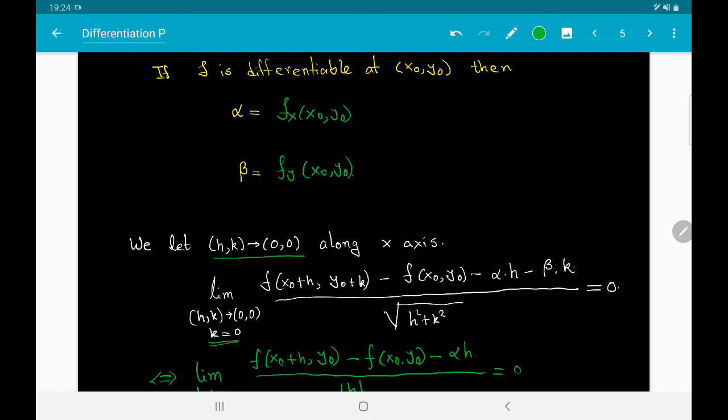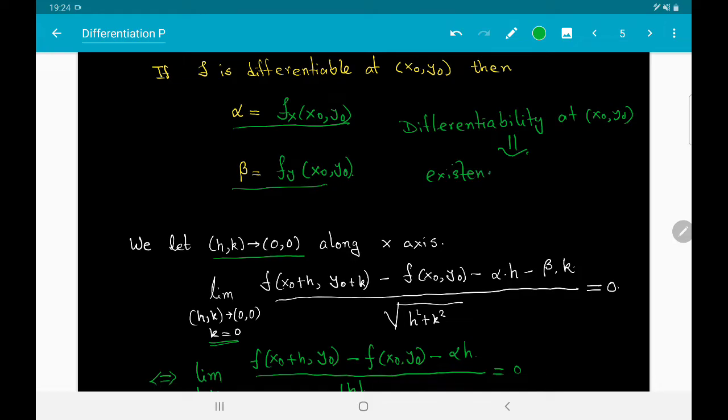We have not only determined the values of alpha and beta, we have proved that differentiability at (x0, y0) guarantees the existence of the partial derivatives, the existence of fx and fy at (x0, y0).